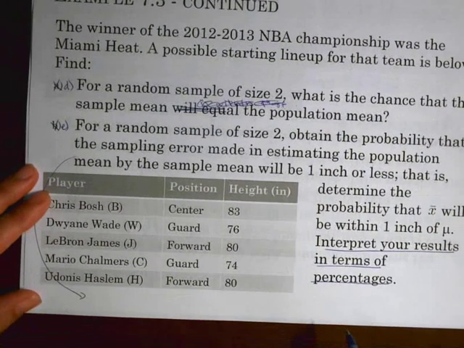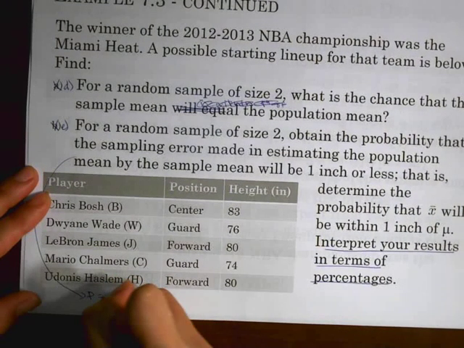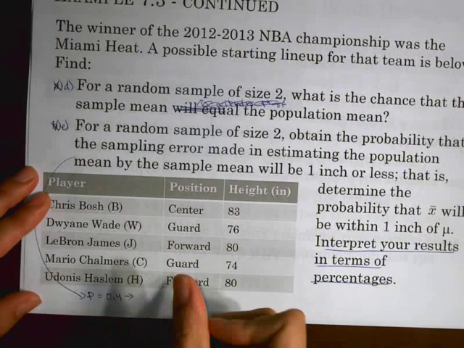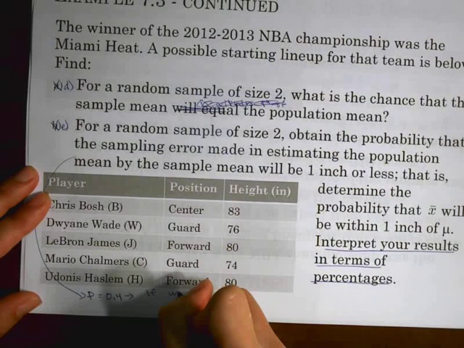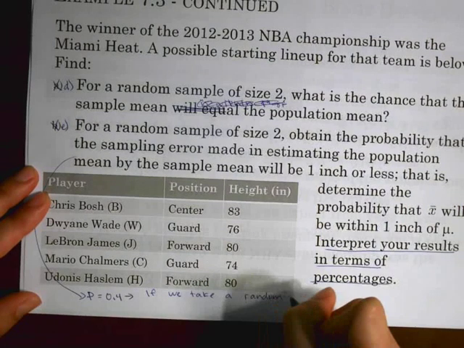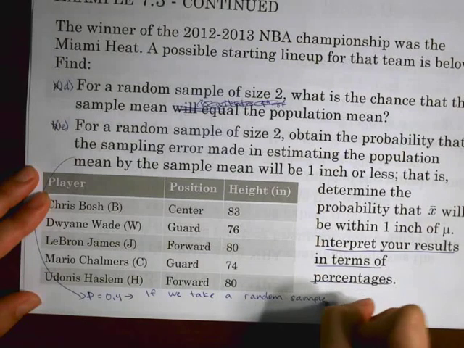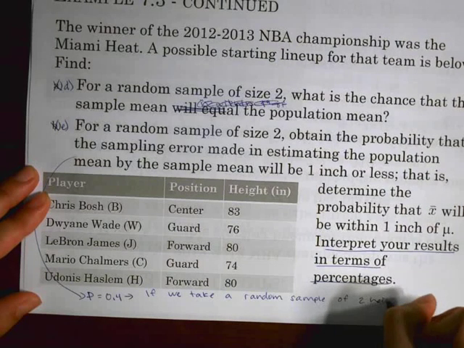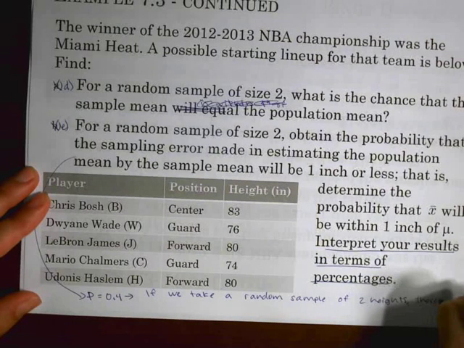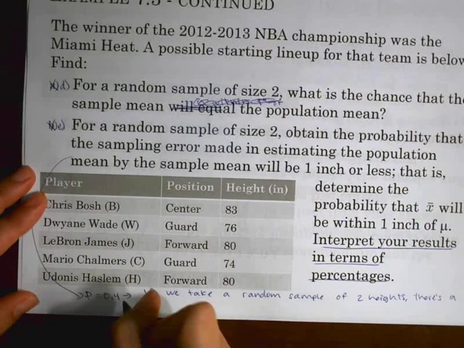I want to make sure that I'm careful here about using my words. So let's interpret these results in terms of percentages. We found that the probability was 0.4. So that says that if we took a random sample of 2 heights, there is a 40% chance that the mean of the sample will be within 1 inch of the population mean.